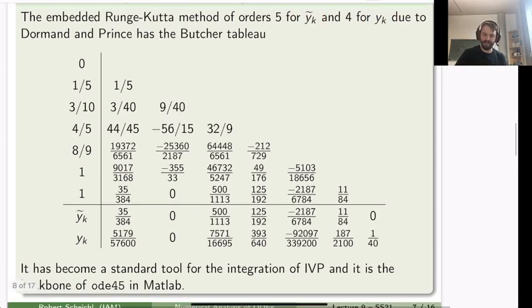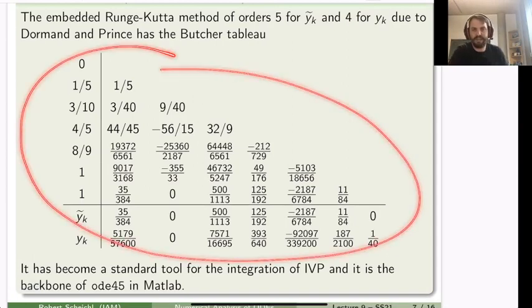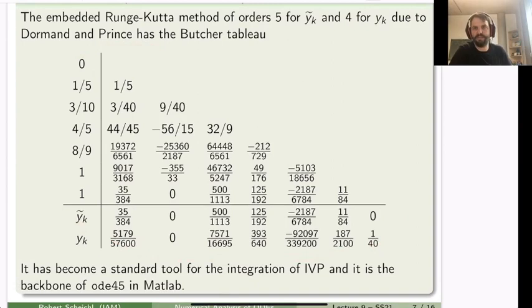So I guess this had to be established by somebody in order to satisfy all the order conditions up to order 4 and 5, and leads to these rather complicated fractions.